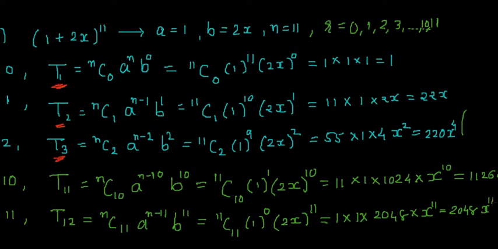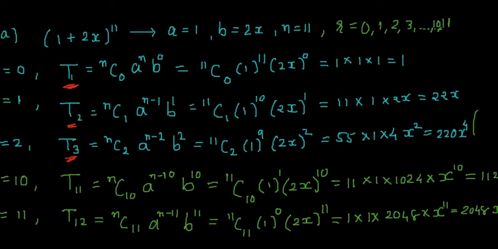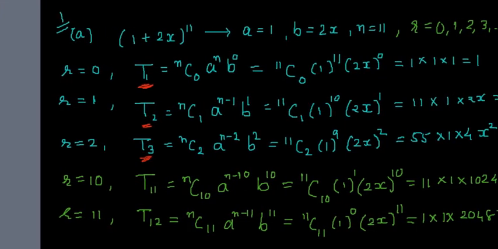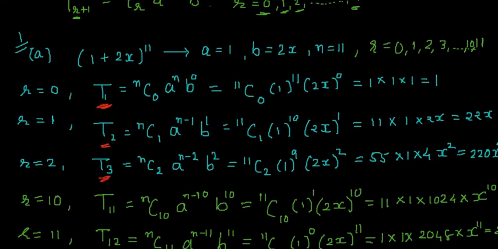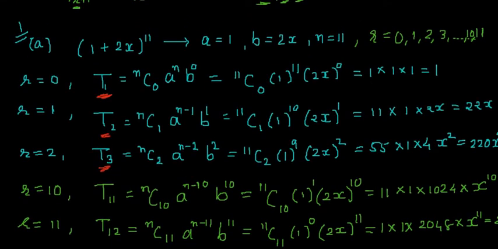So finally we have all the required terms, the first three terms and the last two terms, in the binomial expansion of 1 plus 2x, all raised to 11.